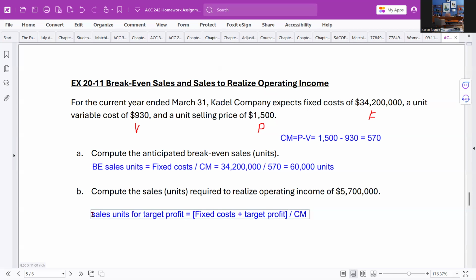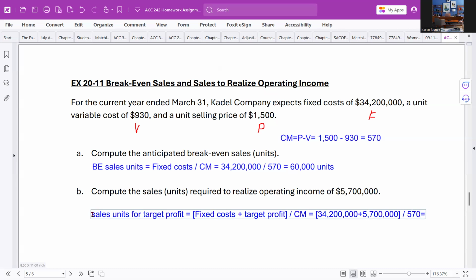So in this case, we have the fixed costs again of 34,200,000, and we want to add in that target profit of 5.7 million. And we're just going to divide by the unit contribution margin of 570.